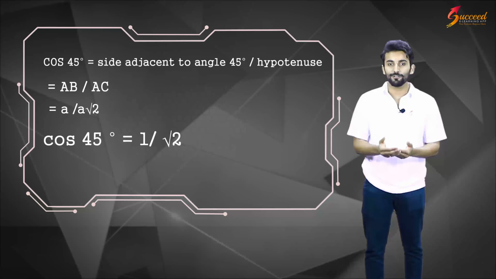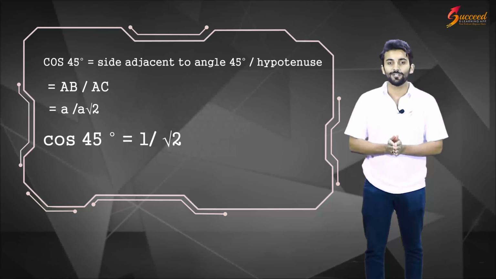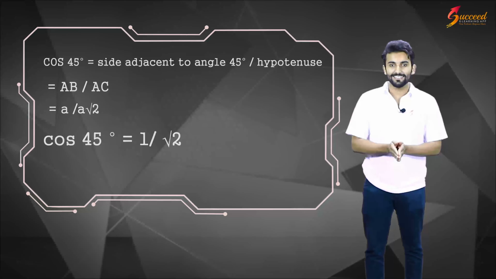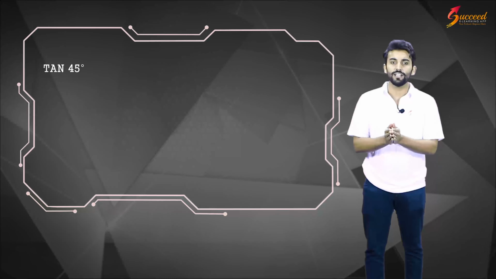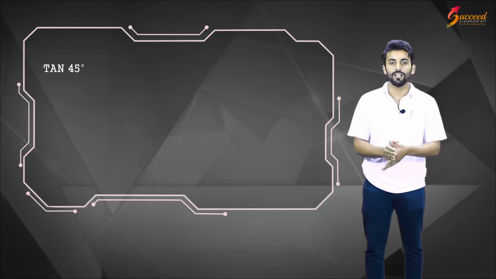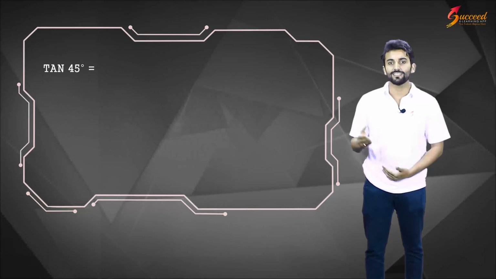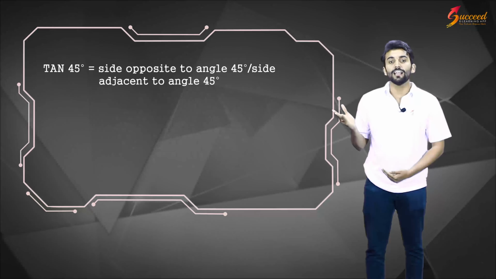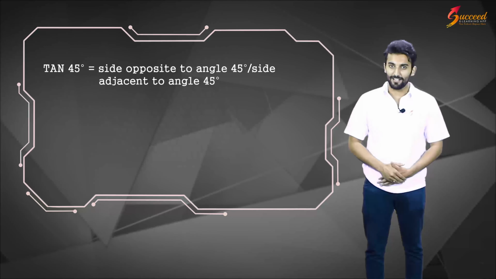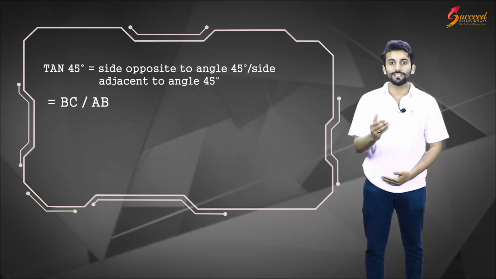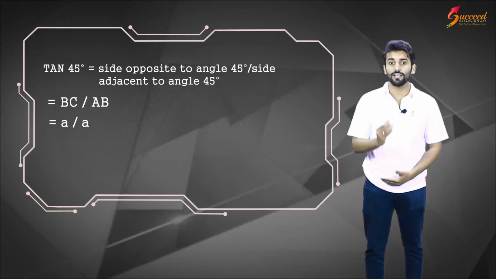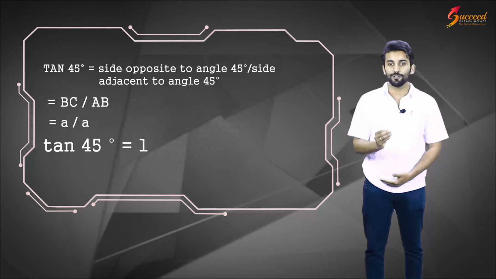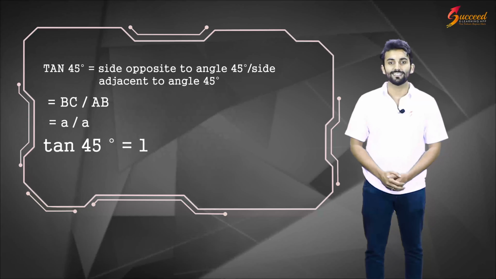So, cos 45 degree is equal to 1 by root 2. Similarly, we will now find the value of tan 45 degree. Tan 45 degree is equal to side opposite to the angle 45 degree divided by side adjacent to the angle 45 degree, BC by AB, which is equal to A by A. So, tan 45 degree is equal to 1.